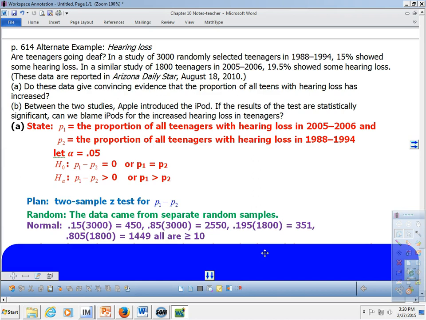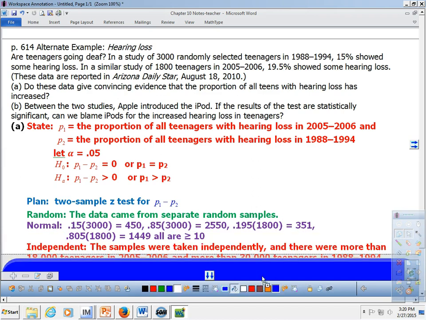So then we can safely assume that the sampling distributions for both groups, both populations, are approximately normal. Therefore, when we combine them into our difference sampling distribution, we can be safe in assuming that that's going to be approximately normal as well.